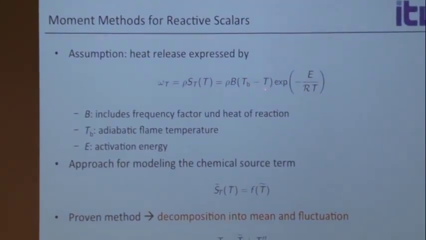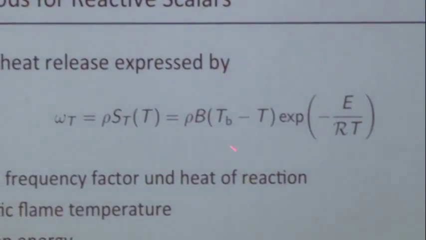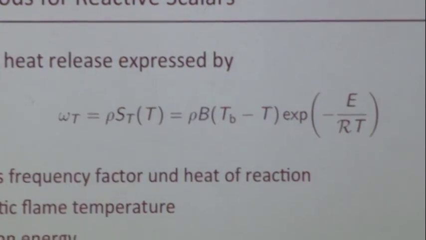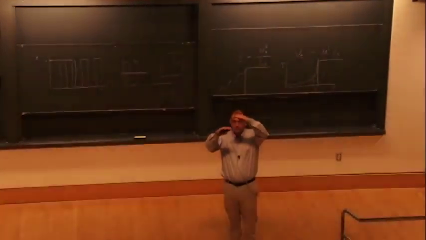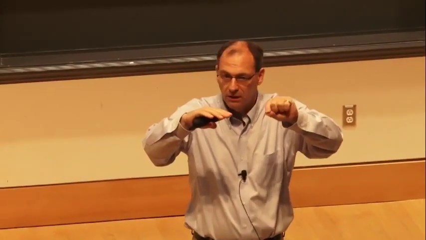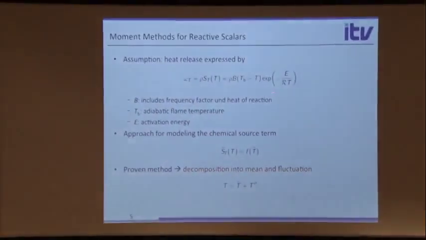The mass fraction of fuel can then be expressed again with a coupling function by the temperature, okay? So the mass fraction of fuel you have left is proportional to the difference between the adiabatic flame temperature and the local flame temperature. If you've consumed all the fuel, then the temperature goes to the adiabatic flame temperature, right? Well, that's just the form we want to use.